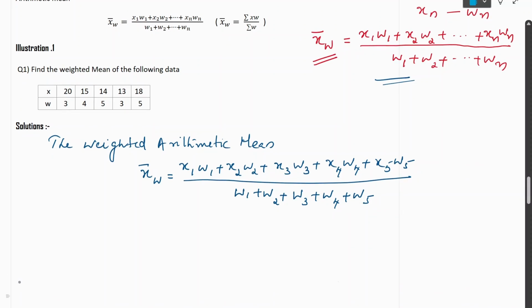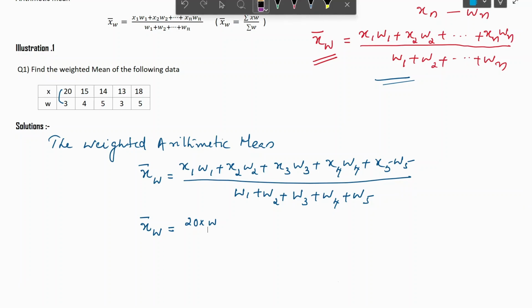Now just substitute. You are finding x bar W, which is equal to x1 W1. What are the values here? 20 and 3. That means 20 into, sorry, it's W written, change it, that is 3, plus x2, 15 into 4, plus 14 into 5, plus 13 into 3, plus 18 into 5, whole divided by, what will come for the denominator?